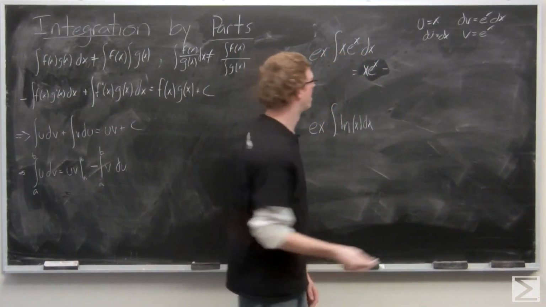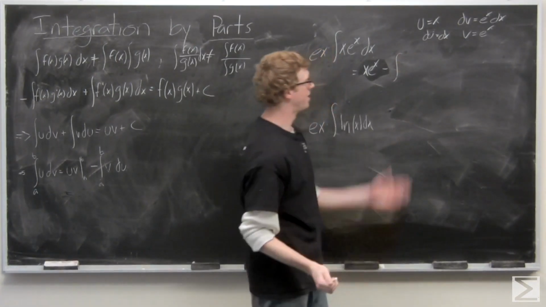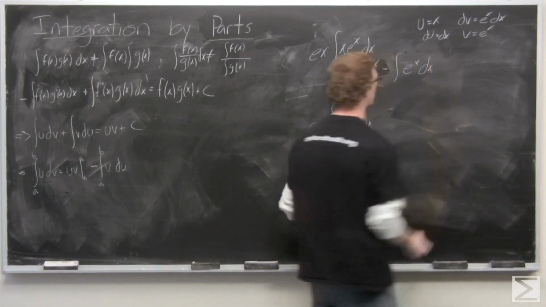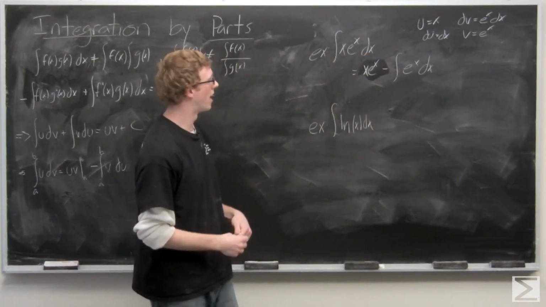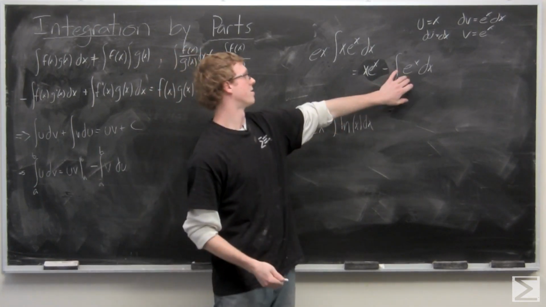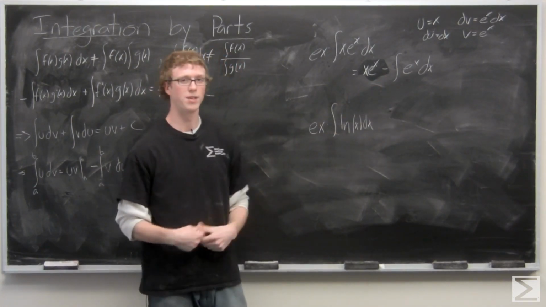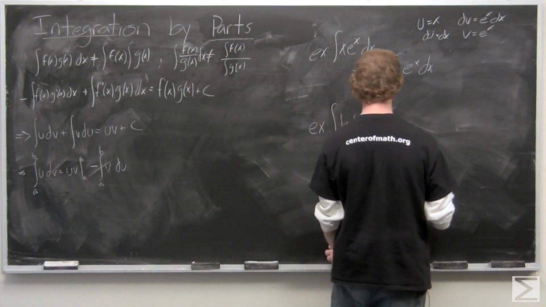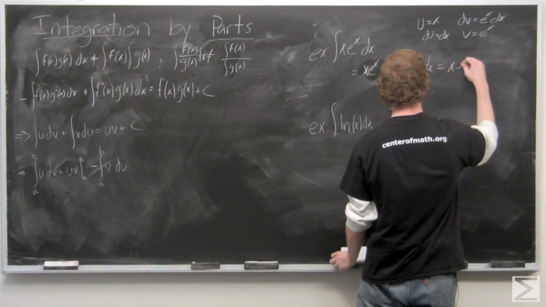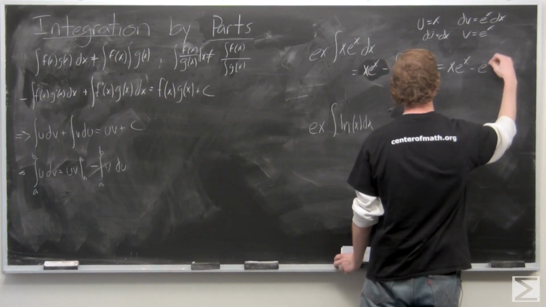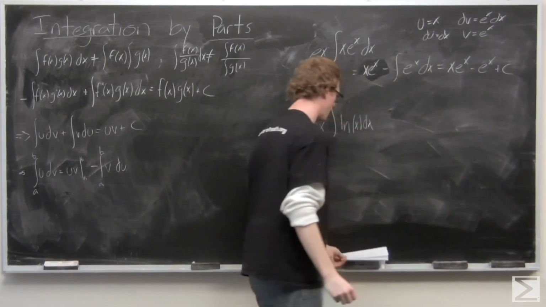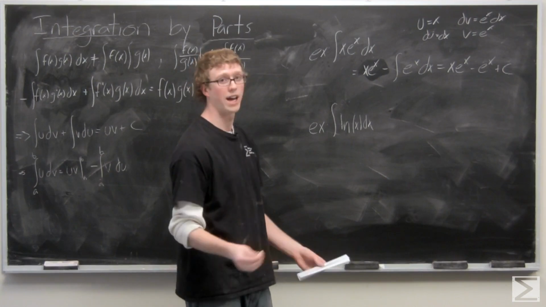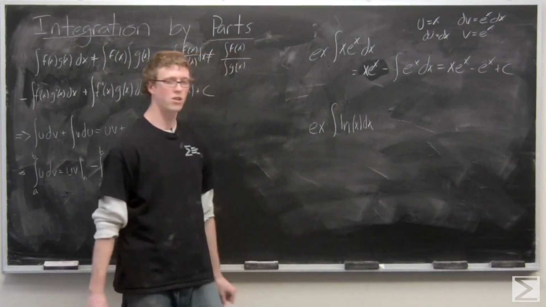And then we're going to have the integral of v du, which is e to the x dx. And as we looked at before, this is simply e to the x. Again, the antiderivative of e to the x is e to the x. Now, since we don't have bounds of integration for this, we're going to have a plus c added on to the end.